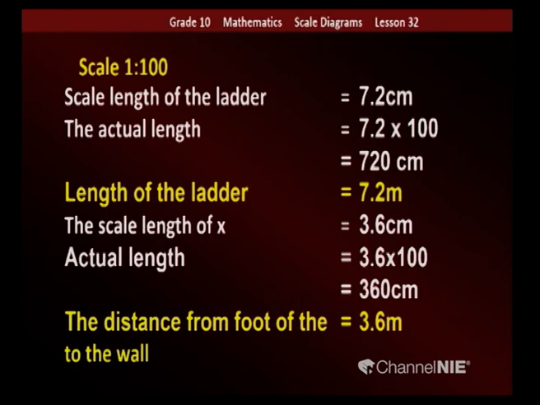Similarly, the scale length of y, that is the distance between the foot of the ladder and the wall, 3.6 centimeters is the scale length. So you are multiplying by 100, then the actual distance is 3.6 meters. Okay, got it? Good.